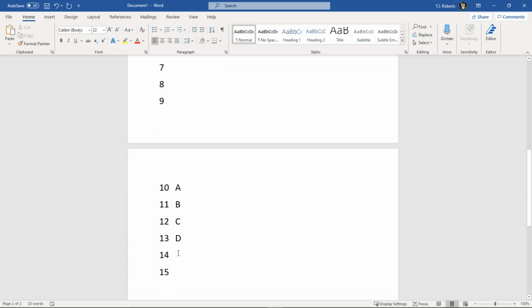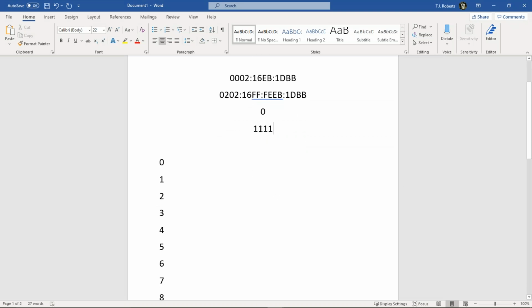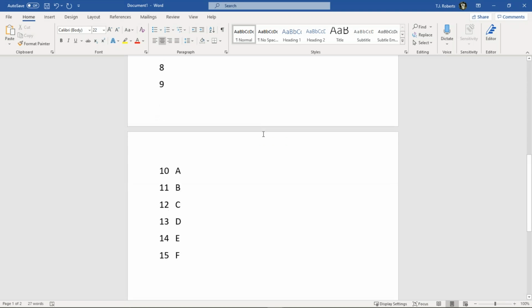What I was getting at is from a bits perspective. You can't go over F, because you can't go over 15. And the reason for that is, if I turn all of these on, what do you think I get?